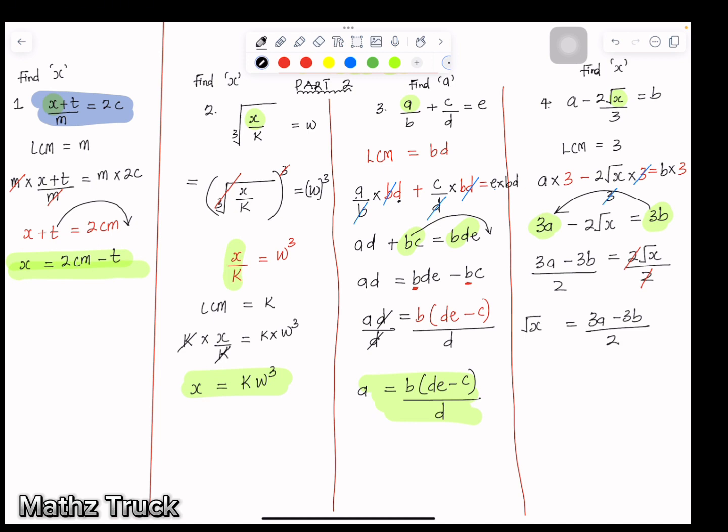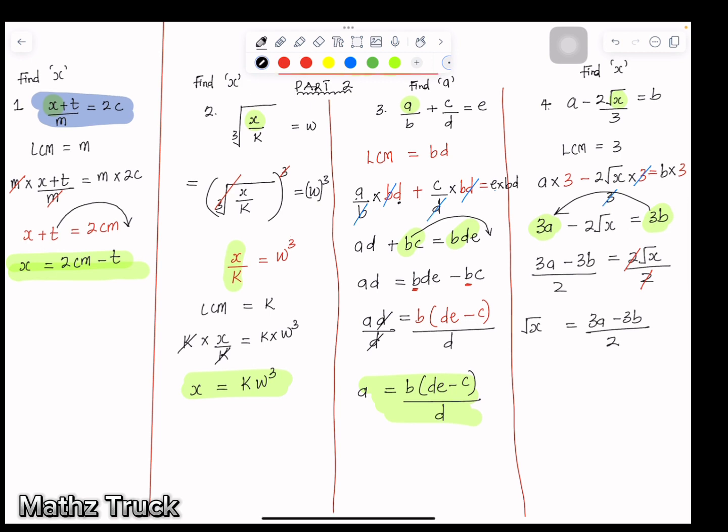Now the question says we should find x, not square root x. So how do you remove square root? We can only remove square root by introducing a square. So we have this squared. The square will remove the square root. Now remember, whatever you do on the left side, you have to do the same thing on the right side. So this 2 takes away the square root.